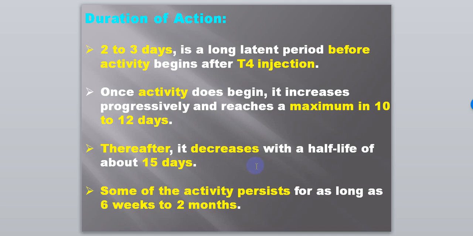Then it will decrease slowly to reach 15 days. After 15 days of injection, the effect of activity persists, staying at the same power, fixed, until 6 weeks or 2 months.